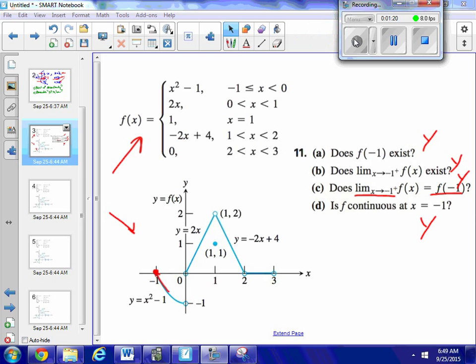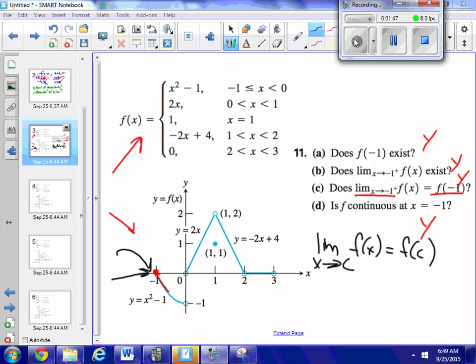The answer is yes because this right here is an endpoint. There is nothing coming on the function from the other side, so we consider this to be continuous because it is an endpoint. Normally, you have to have the limit as x approaches c of f of x equal f of c.